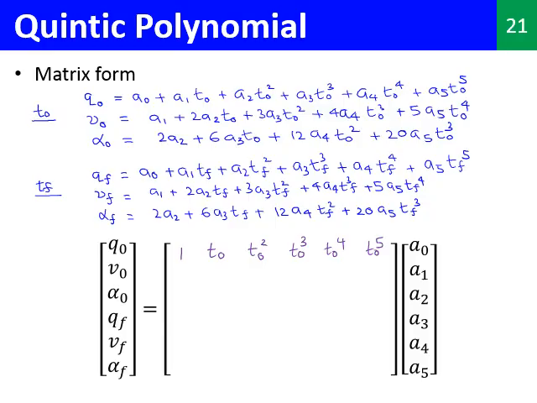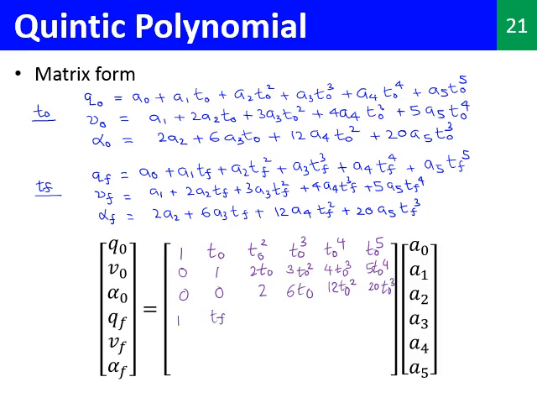For the second row, we would have 0, 1, 2 t0, 3 t0 squared, 4 t0 cubed, and finally 5 t0 to the power of 4. For the third row we have 0, 0, 2, 6 t0, 12 t0 squared, and 20 t0 cubed.